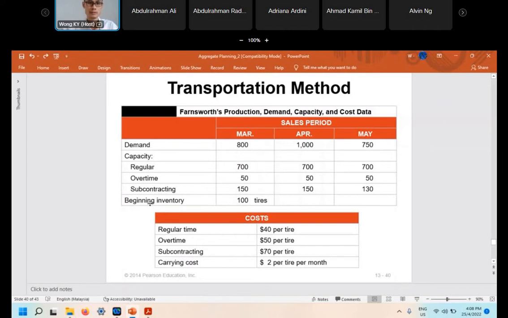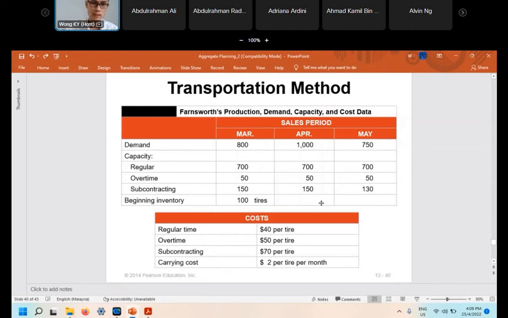Let me explain what this beginning inventory is. When we start March, the company already has 100 tires. It means in February there was some leftover tire, which is carried forward to March. Because of that, it becomes the beginning inventory in March.